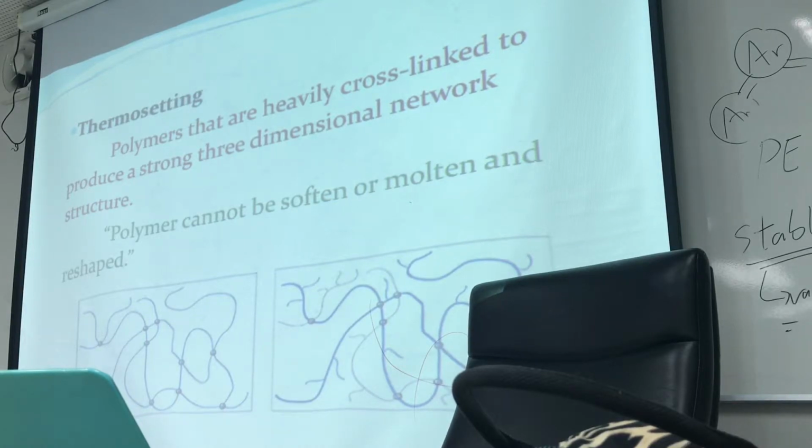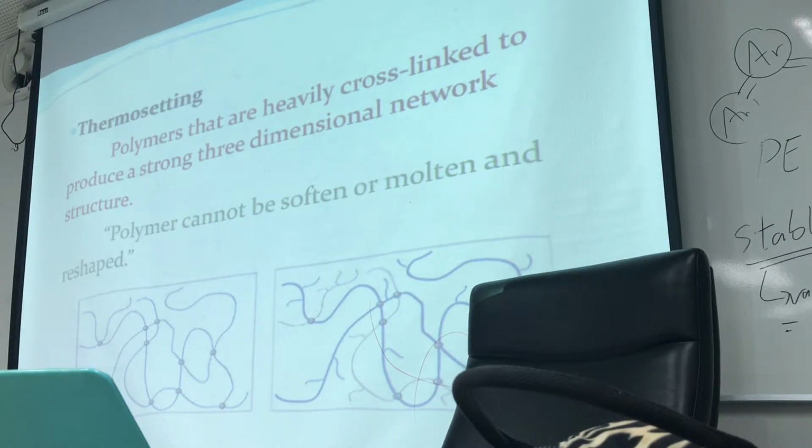If this is another polymer with a high melting temperature very close to the temperature where it becomes carbon, what's going to happen?